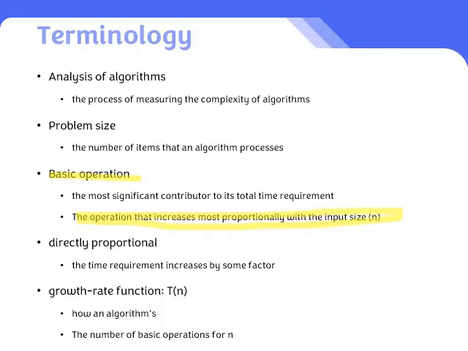And by carefully looking at what this is directly proportional to, the total number of fundamental or basic operations performed according to the input size n is precisely what is referred to as the T(n) growth rate function, which describes its asymptotic behavior. In Korean, we could call this a growth rate function. So you can think of this as the number of basic operations for n.